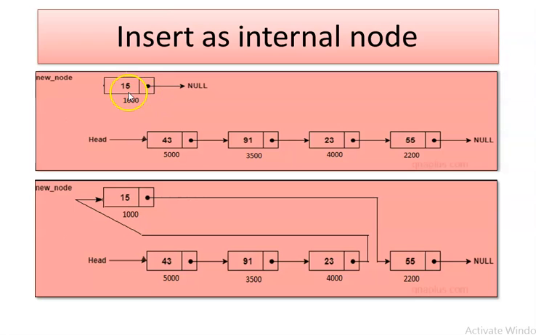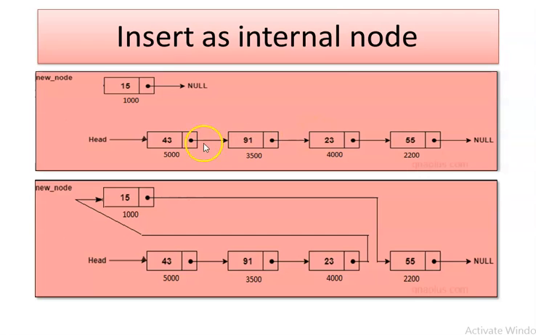Or if I say that this node has to be added as the fourth node, then this is the first node, this is the second node, this is the third node, then also it appears here. So the condition can be changed either as the count of the node or as the value in a node. So anyway, we have to find the location first.